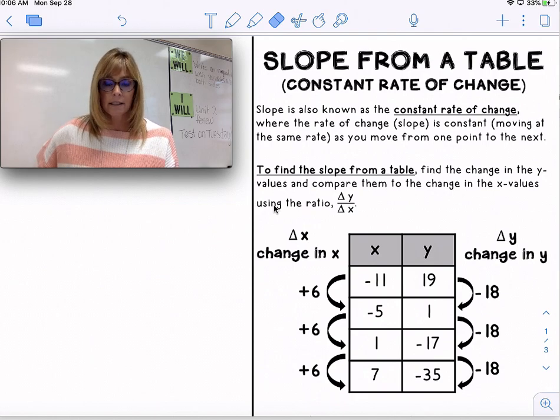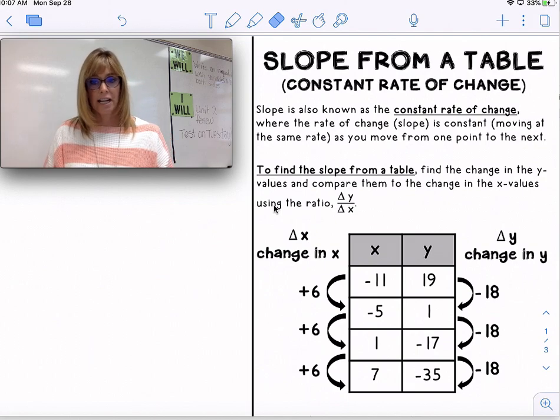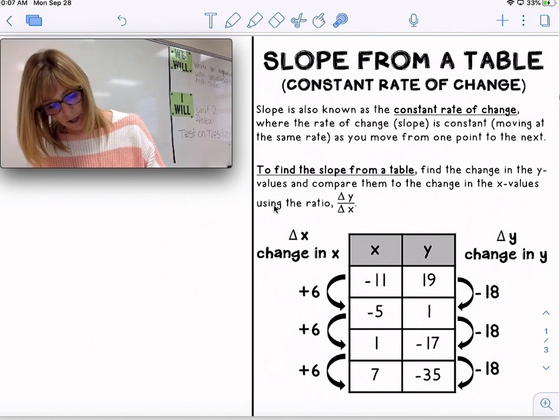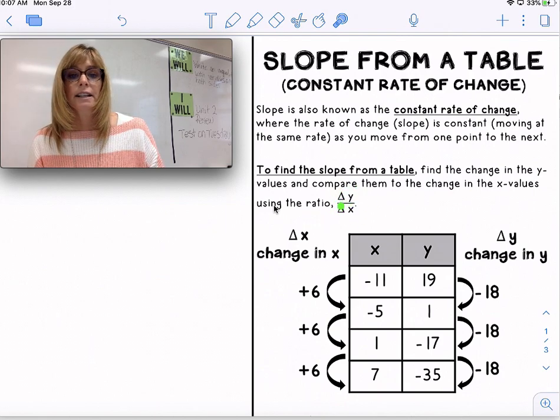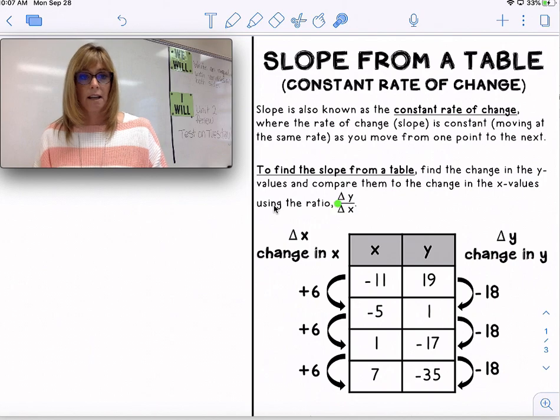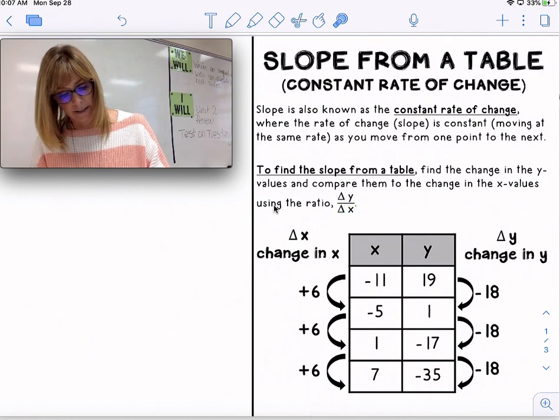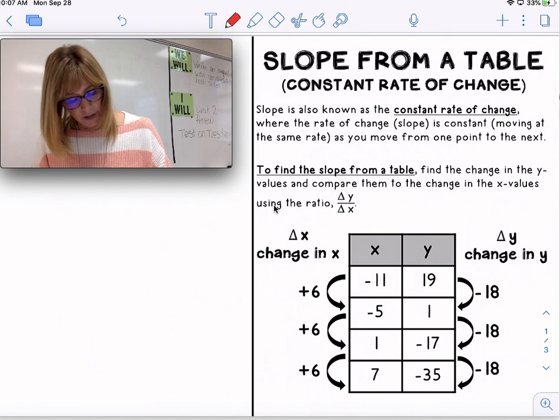To find that slope or that rate of change, you're going to find the change in the y values and compare them to the change in the x values using the ratio change in y over change in x. This little triangle right here is delta y, which represents change in the y over the change in the x. And how do you find the change in the y values?